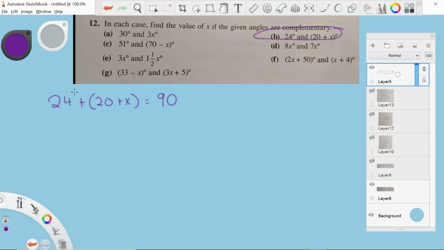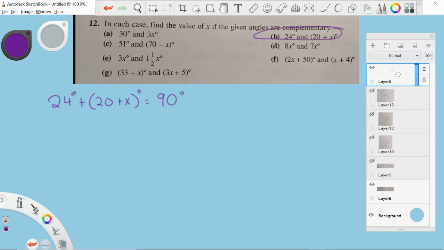Yes, these should all have degree symbols, but we don't need to be that particular right now. This is just an equation. You need to find the value of x that makes this equation true. That's the solution to this equation.